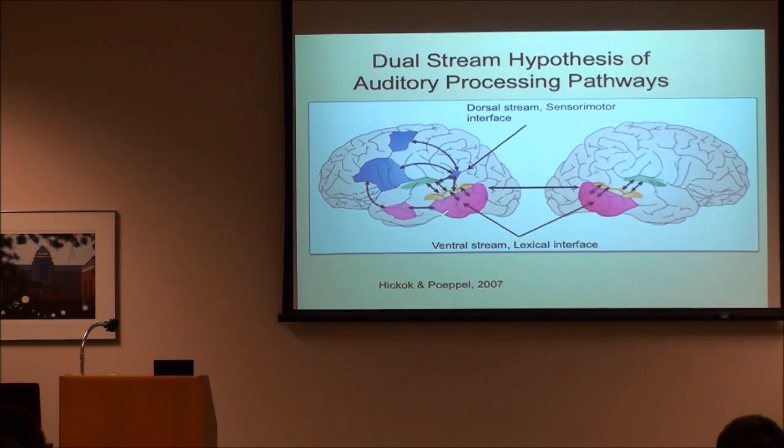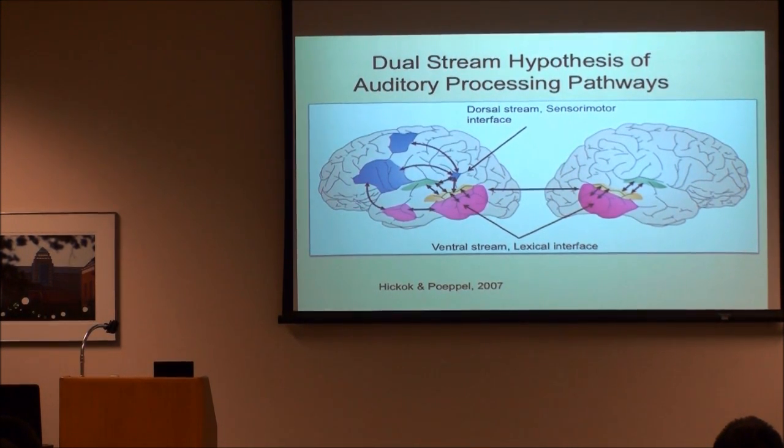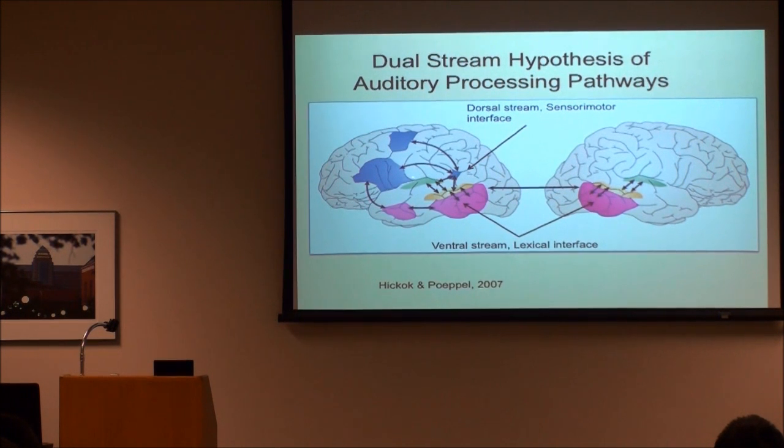And this is the so-called ventral stream. We can think of it loosely as sort of the lexical interface. Then there's a dorsal stream that progresses posteriorly into the junction of the parietal lobe and temporal lobe, and then anteriorly. And it's thought that this is more for sensory motor interactions.